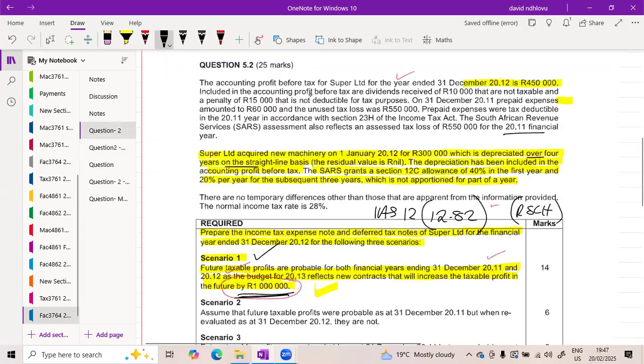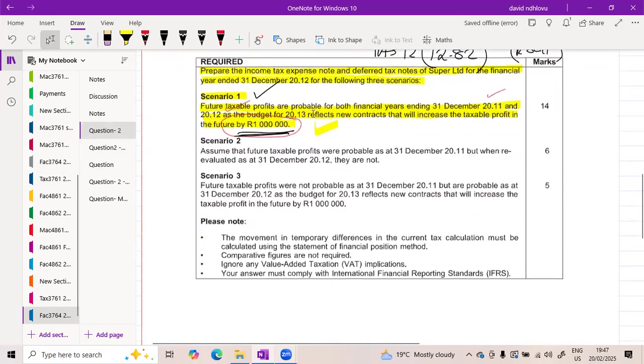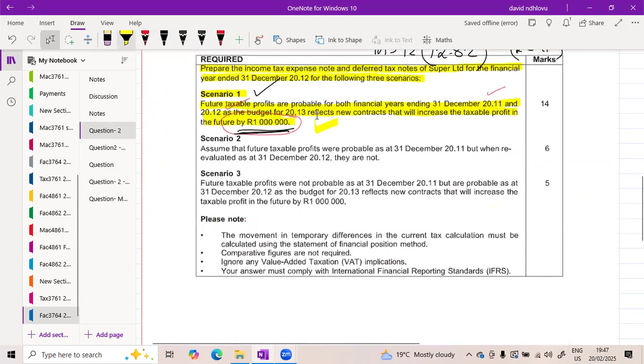But to answer this, we've got to listen to the question. What does scenario number 2 say? Assume that future taxable profits were probable in 2011, but when re-evaluated at the end of 31 December 2012, they are not.